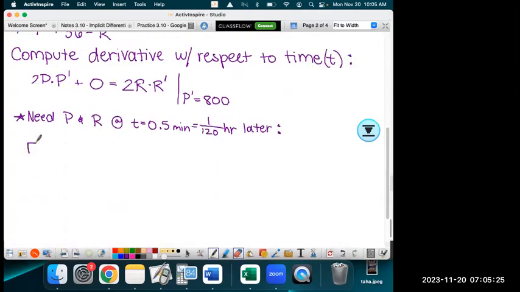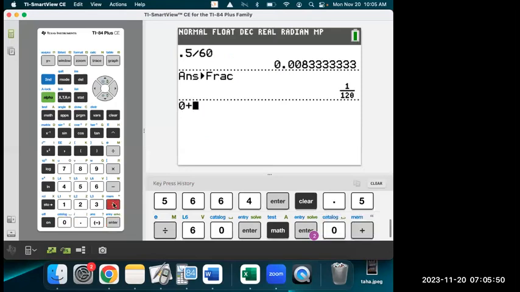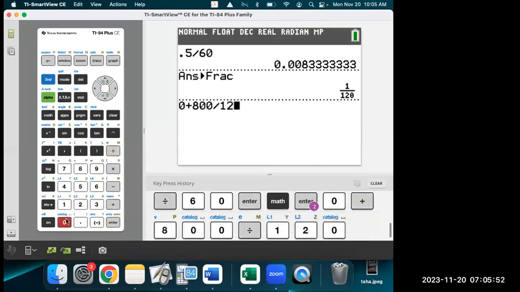So for p, starting at 0 plus the rate of 800 kilometers per hour times 1/120th hours gets me 6.667.